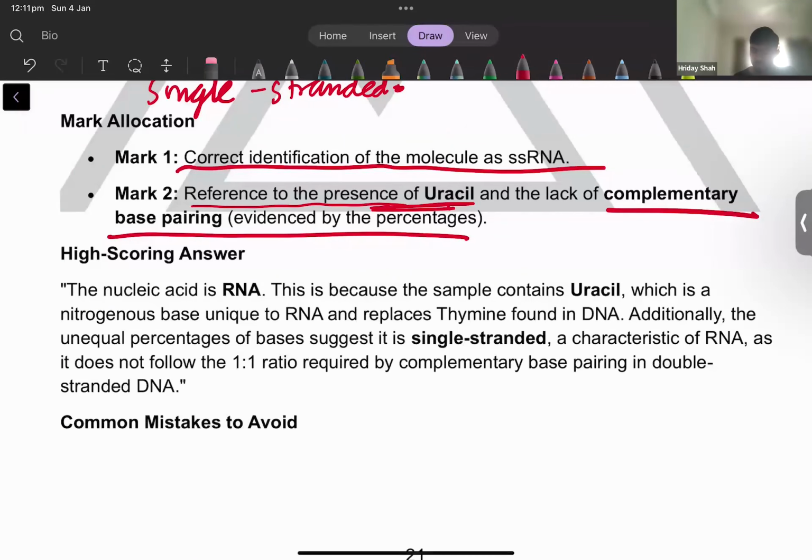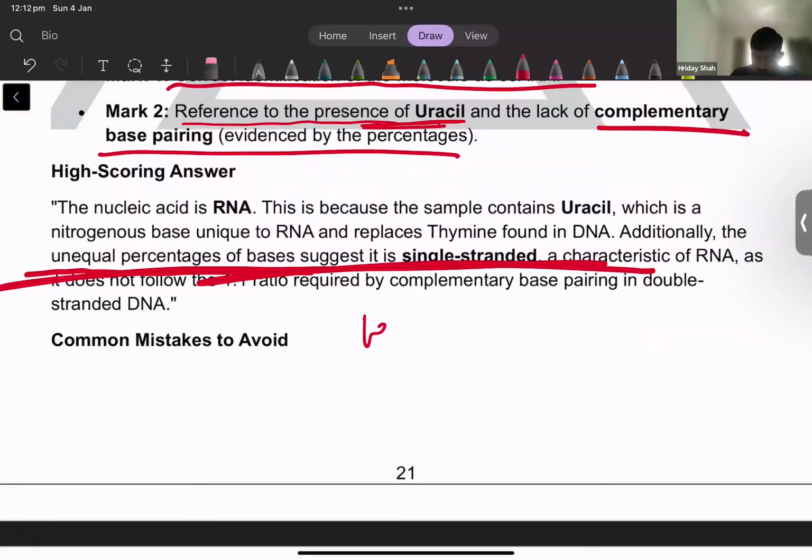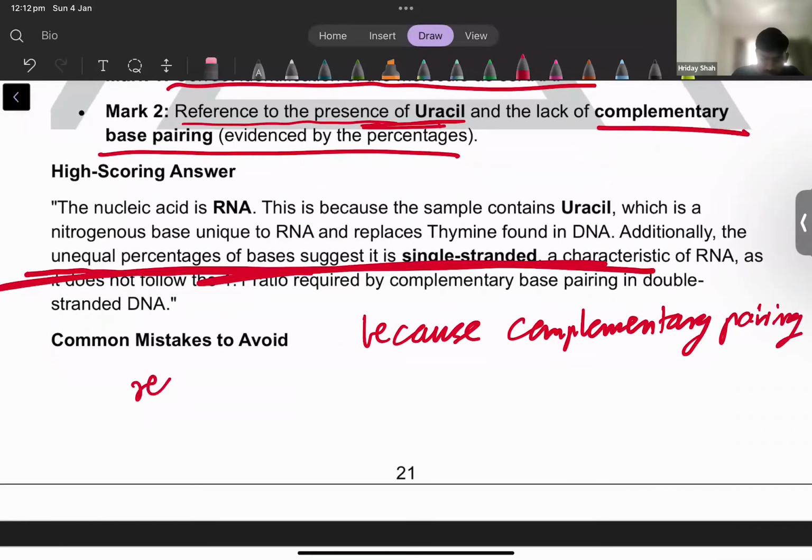So as a model answer, the unequal percentages of bases suggest it is single-stranded, or you can say because complementary base pairing requires 104% DNA or nucleic acids, which is not possible.